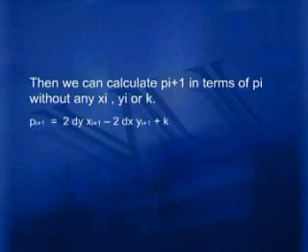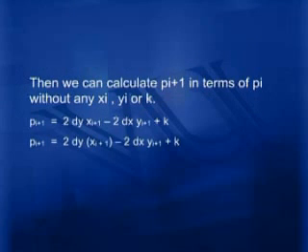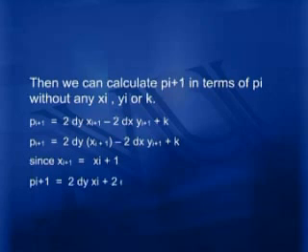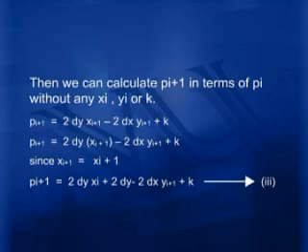Now we can calculate the next value for this parameter جس کو ہم نے ابھی پی آئی کا نام دیا ہے۔ پی آئی پلس ون ان ٹرمز آف پی آئی ہم کیلکولیٹ کر لیتے ہیں وداؤٹ میکنگ یوز آف xi اور yi.